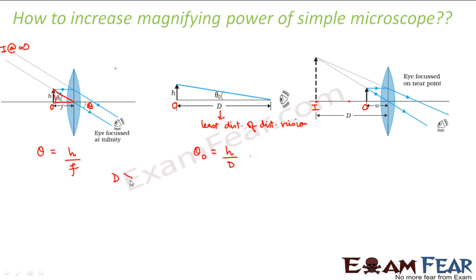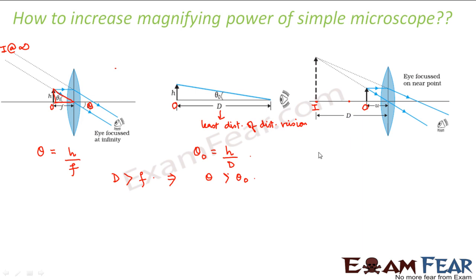Now, if D is greater than f, this would imply that theta is greater than theta naught, right? This scenario is nothing but a combination of these two scenarios.